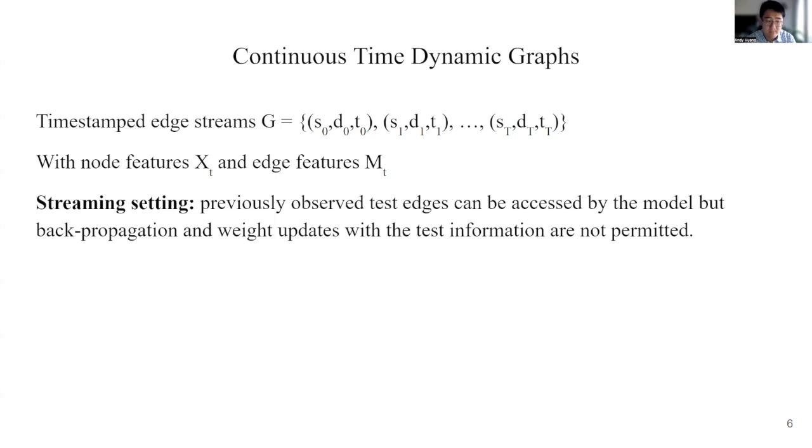And in the streaming setting, the assumption is that previously observed test edges can be accessed by the model, usually for updating the memory of the model, but no backpropagation and weight updates can be performed with the test set information.